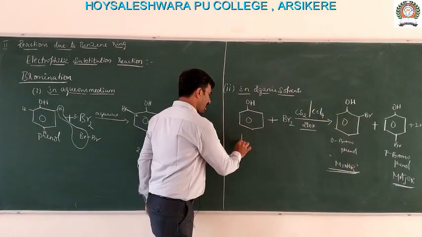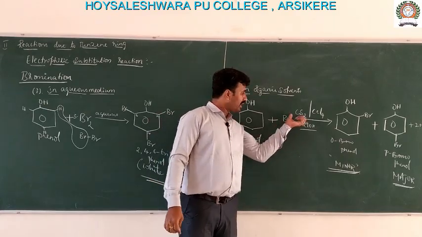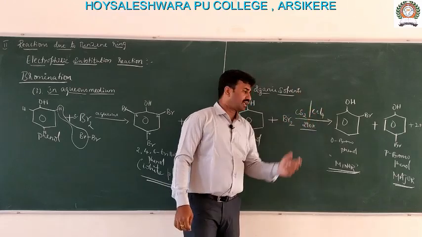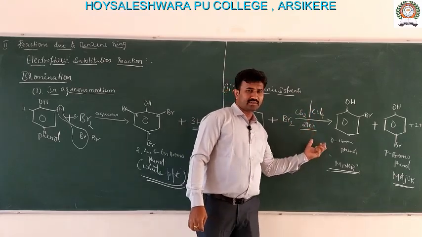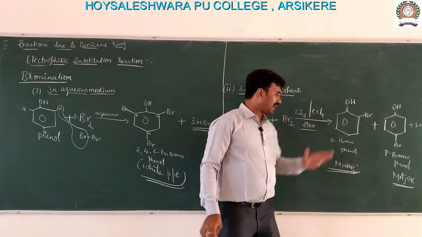Phenol upon reacting with bromine in organic medium, carbon disulfide or carbon tetrachloride at 290 Kelvin, low temperature, forms orthobromophenol and parabromophenol.